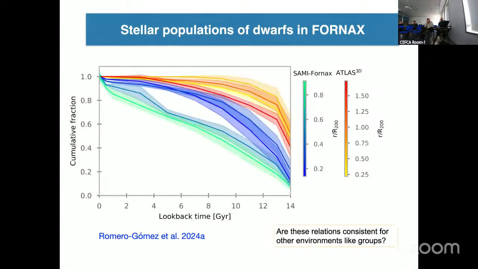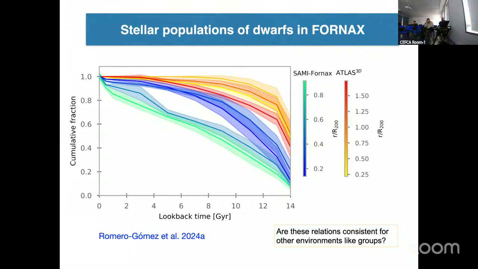Also, we can see here the same star formation histories, but the colors now represent the location in the cluster. Here we have galaxies from Fornax, which are these galaxies here, and from Virgo, because some of the galaxies from ATLAS are located in Virgo. Okay?